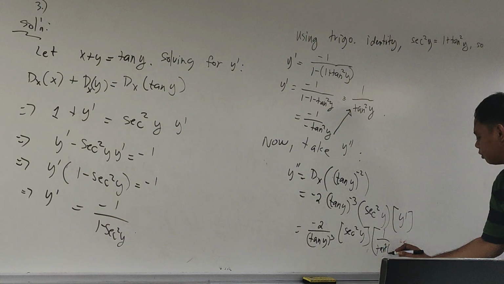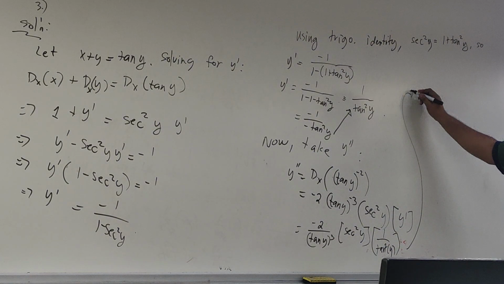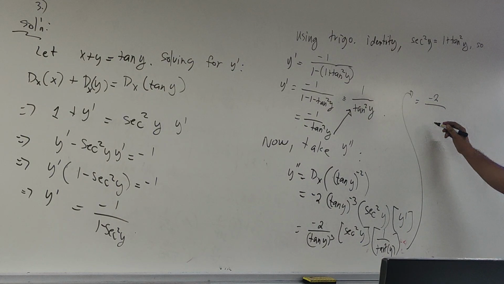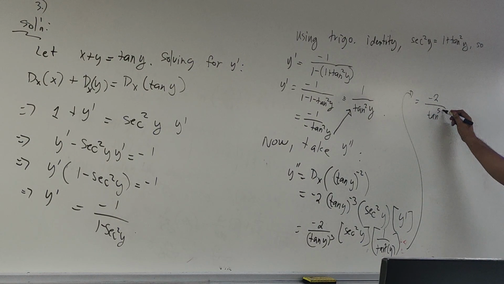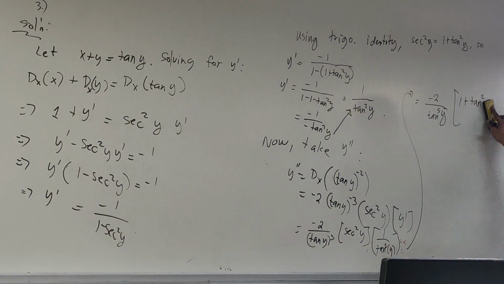So this is equal to negative 2 all over tangent to the fifth of y times 1 plus tangent squared y. Applying again the identity, eureka moment.